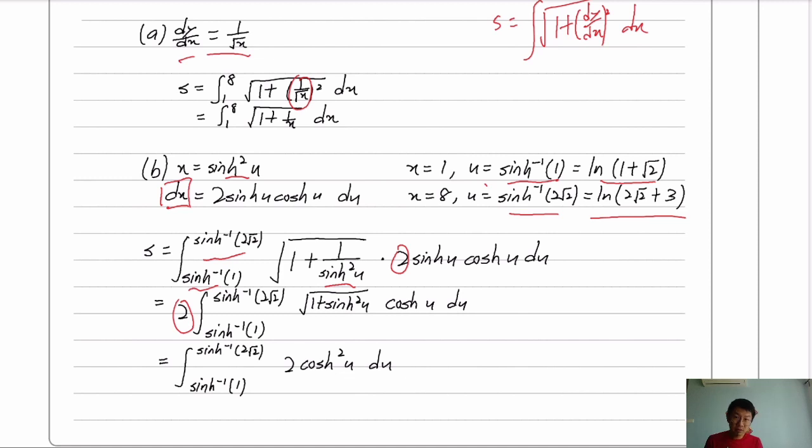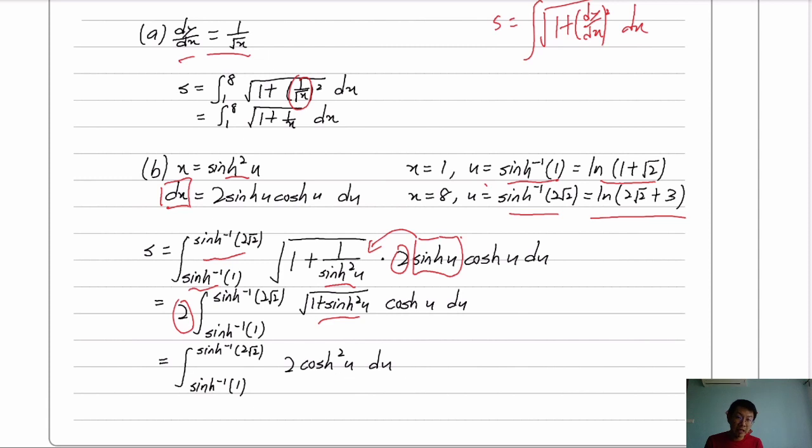We move the 2 out, since it's a constant, it's not going to do anything. And we move one of the sinh into the square root to multiply with the term. When we move the sinh inside the square root, we have sinh squared inside the square root, and after we multiply with 1 plus 1 over sinh squared, we get 1 plus sinh squared.